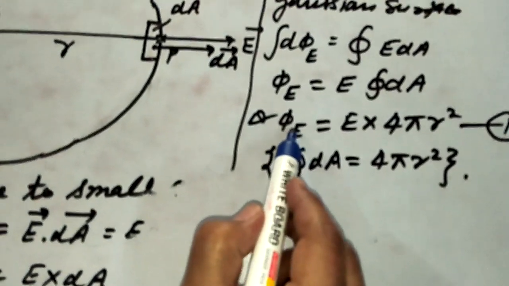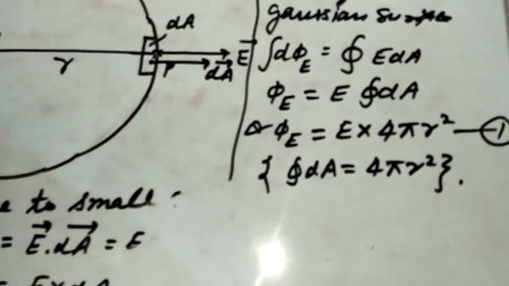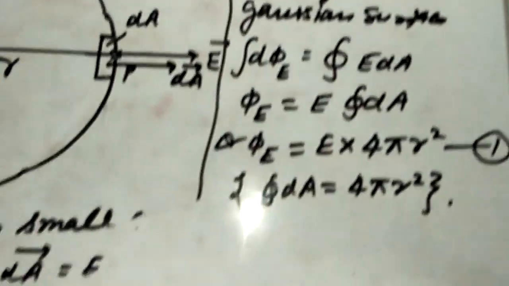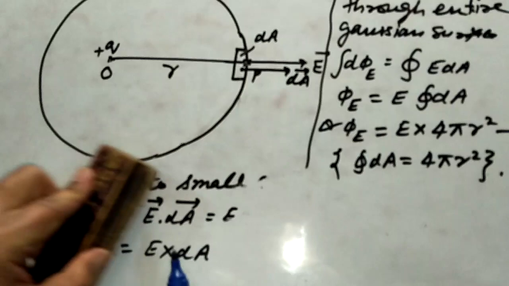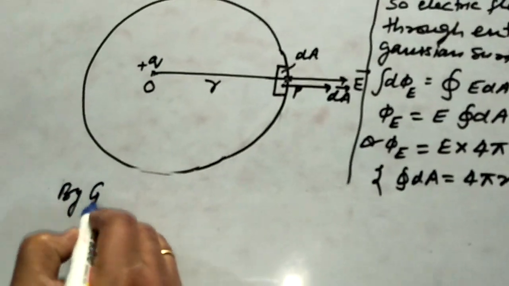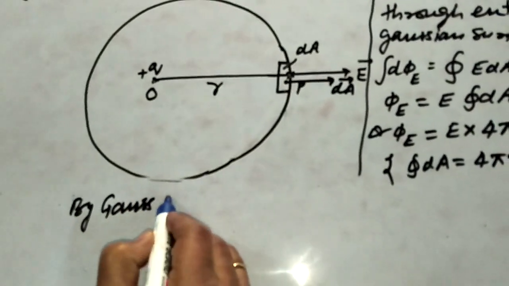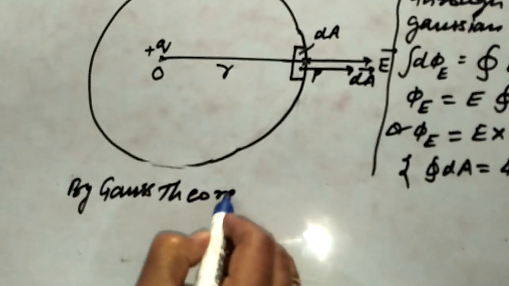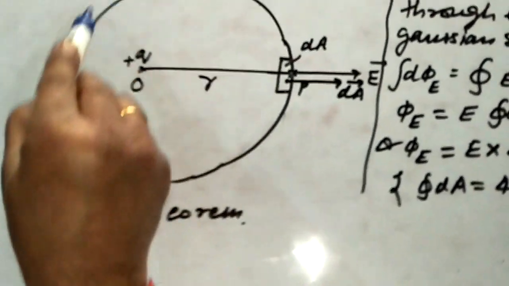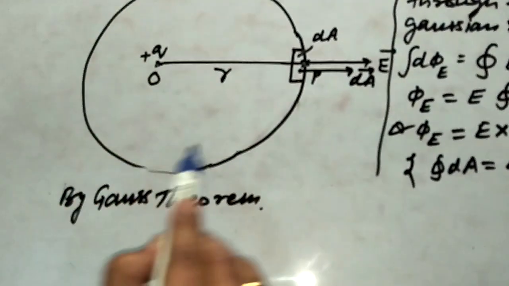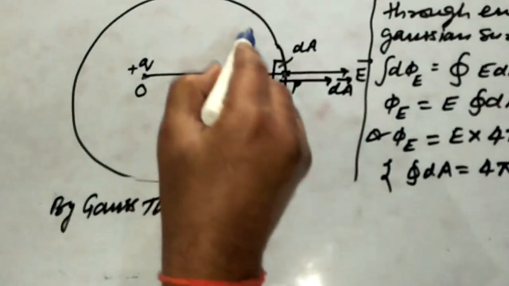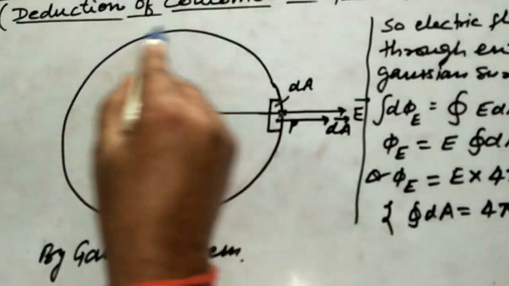This one is what here? Electric flux passes through this whole Gaussian surface. By this calculation, phi e is equal to vector E dot vector dA. But according to Gauss theorem, total electric flux through a closed surface is equal to 1 upon epsilon naught times the net charge enclosed by that surface.